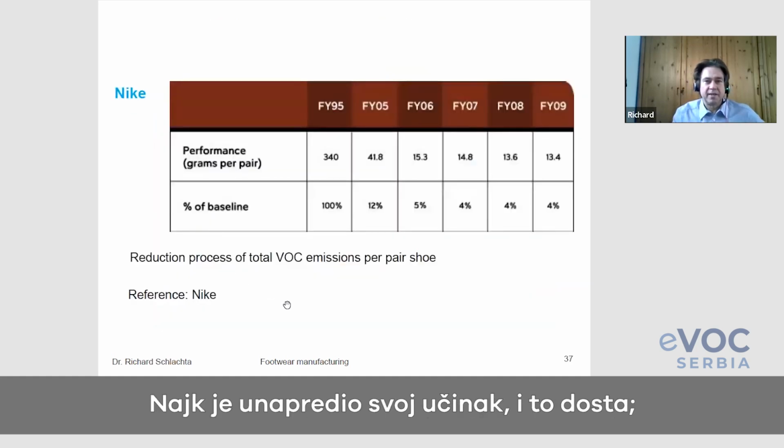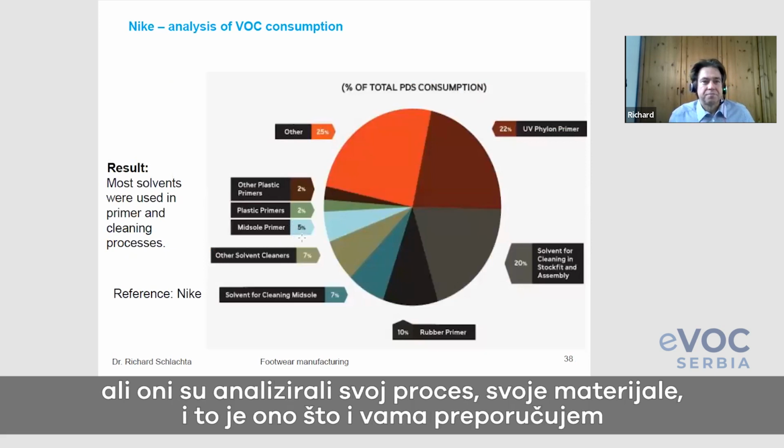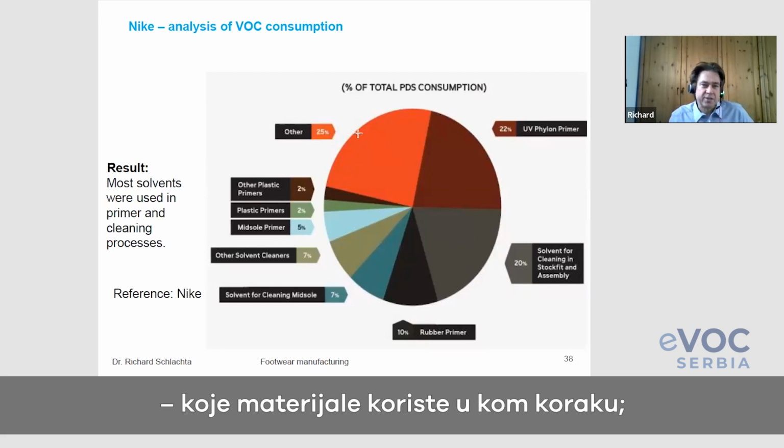Nike improved the performance a lot, and in the 90s they had much higher, 340 grams per pair, and now they have no problems with compliance. So what you see, what they did, they analyzed exactly the processes. That is what I recommended too, to analyze what materials you're using for what of the different working steps.